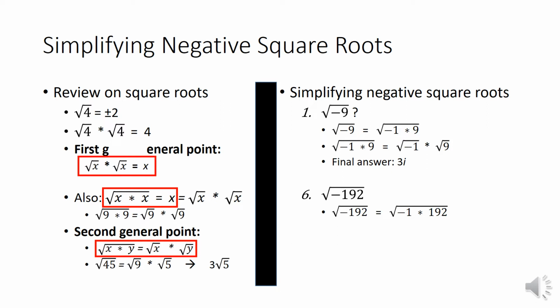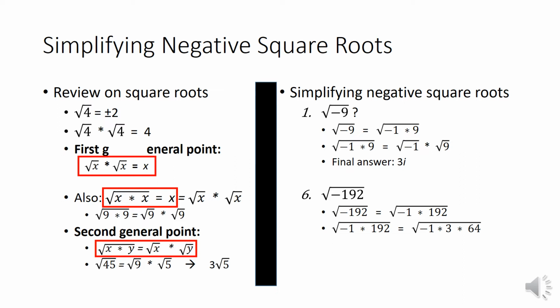Okay, so going through the same basic steps, we can break that into the square root of negative 1 times the square root of 192. That can be broken into the square root of negative 1 times 3 times 64. So it just so happens that 3 times 64 is equal to 192.